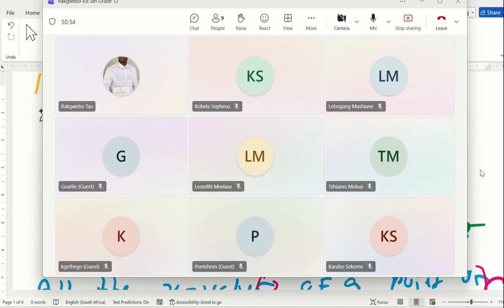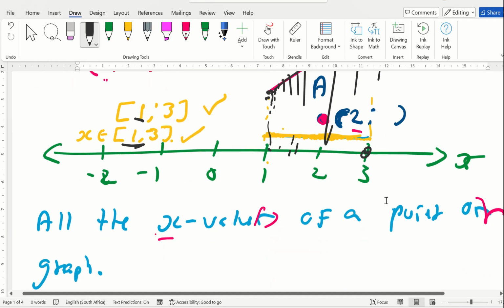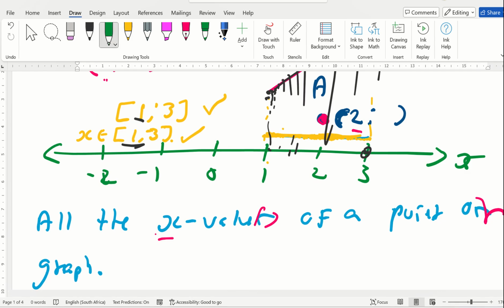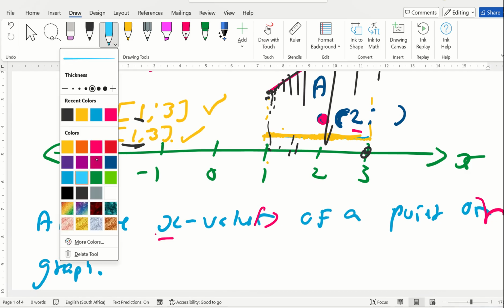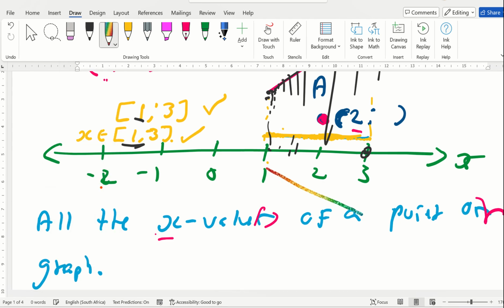Okay. Then what is the domain of this line now? I'll throw it here. The domain of this line is still the same because the x values there are 1, 1.1, whatever it is there, 2, 2.1, 2.5, whatever, until 3. It is still the same domain.